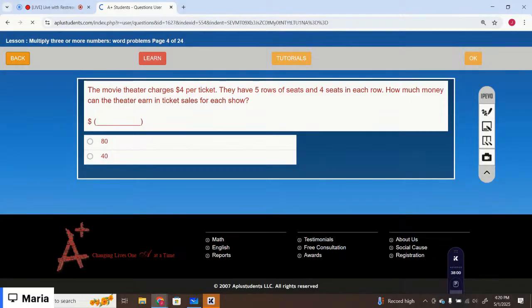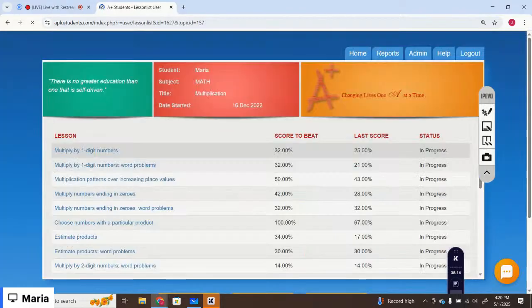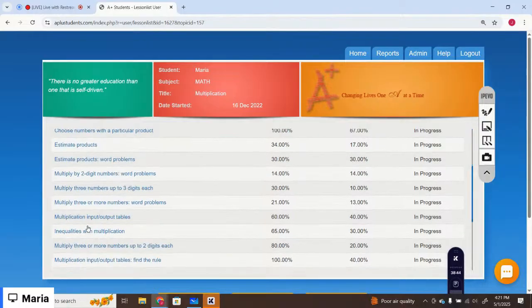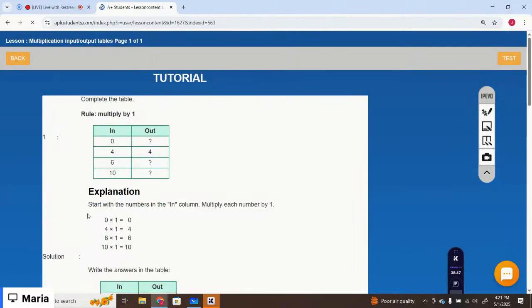And the next lesson is multiplication input output tables.